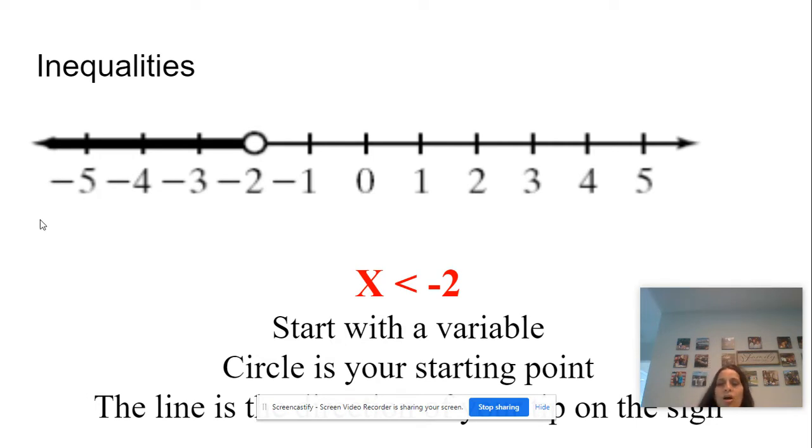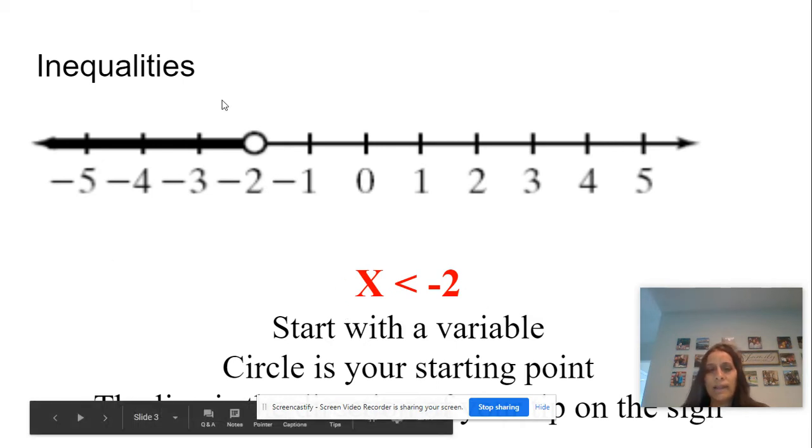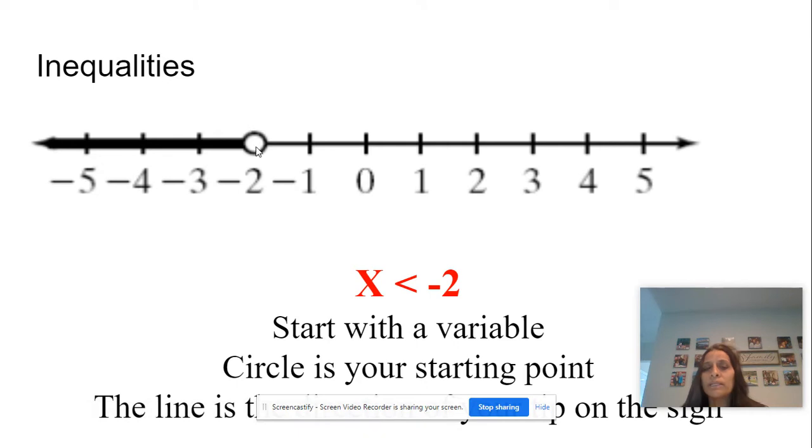All of those are multiple solutions to this inequality. Please note that -2 is not a solution because there's no line underneath. It's very important that you understand what the line underneath means. It means that -2 could be a solution, but in this problem, -2 is not a solution.